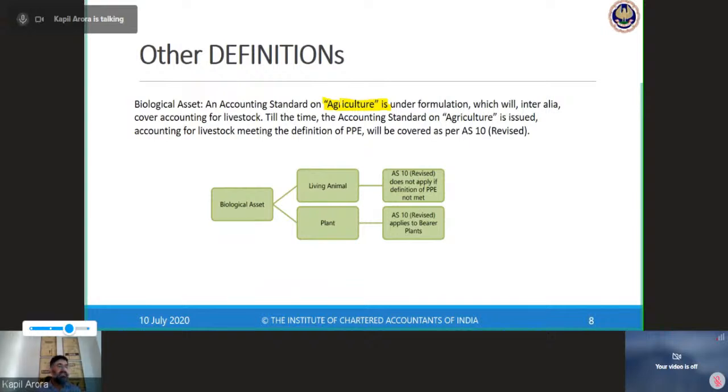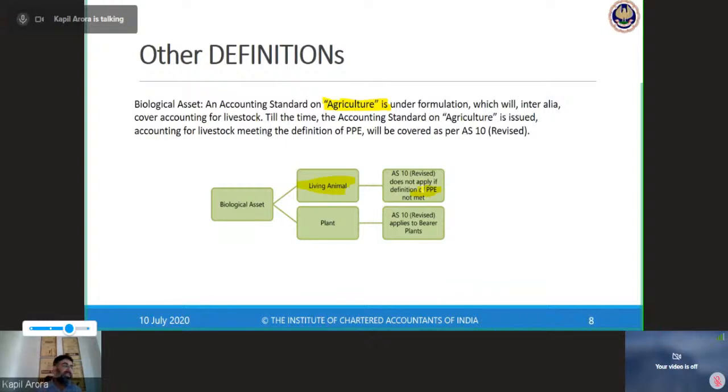Till the time that standard is not out, the living animals can be treated as property, plant and equipment if the definition is met. Or they will not be treated as property, plant and equipment if the definition of property, plant and equipment doesn't meet.